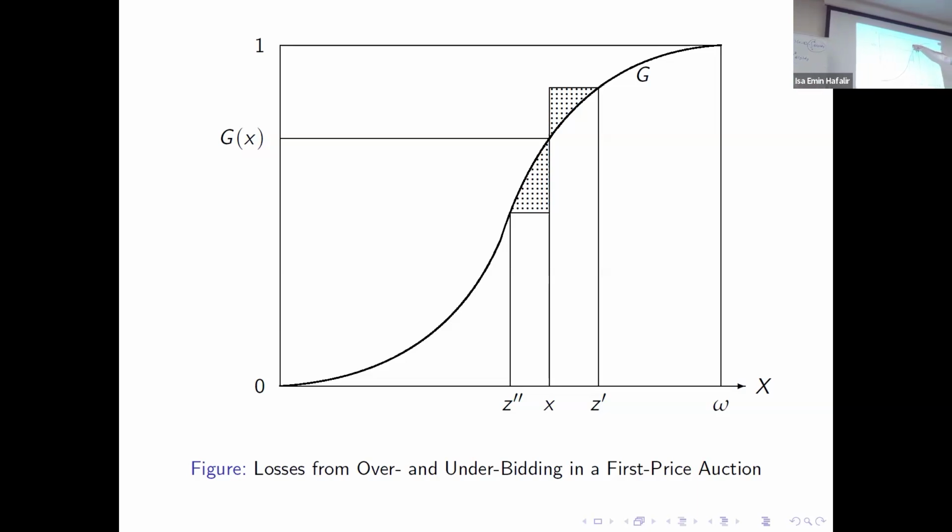And therefore, since this rectangle has, by definition, a higher area than the area underneath G over this interval, this is going to be the result, and this is going to be always positive.